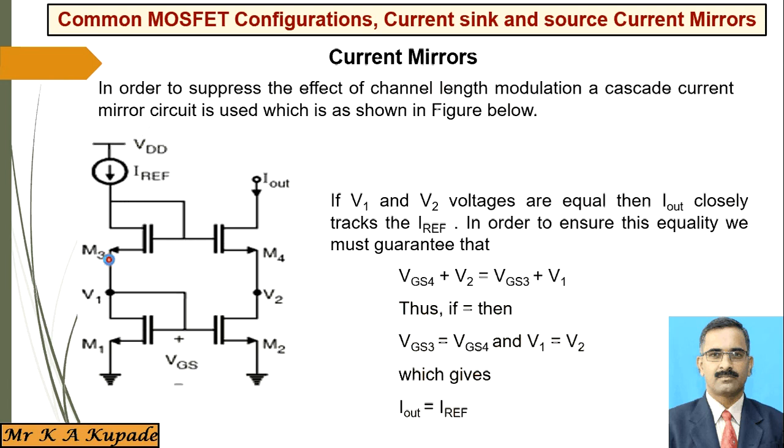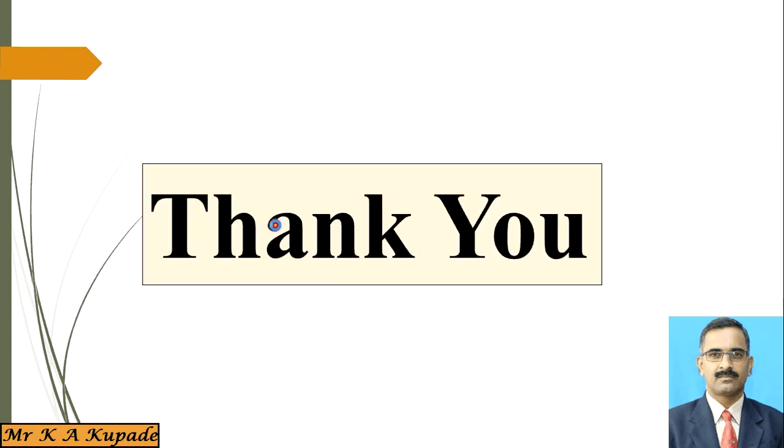If VGS3 is equal to VGS4, and V1 is equal to V2, then I reference and I out are equal. So this is nothing but our current mirror. Are you understanding this?